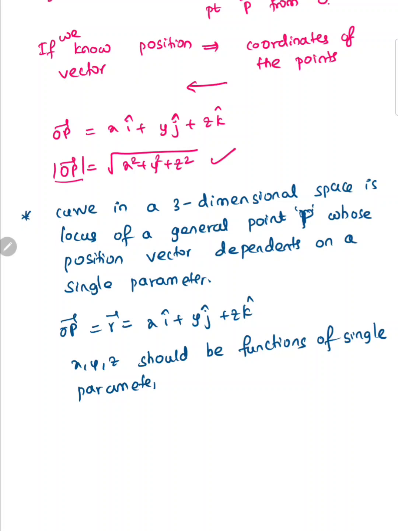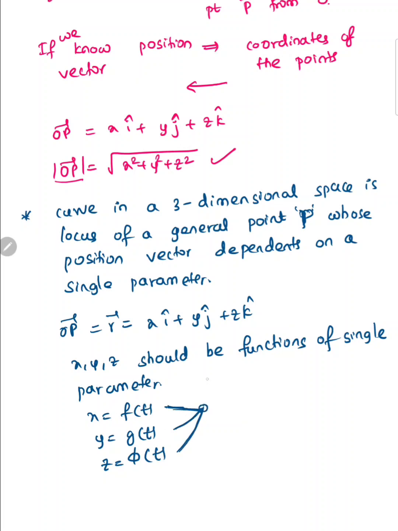That means x is a function of one variable t, y is also a function of the same variable t, and z is also a function of the same variable t. All of them are depending on a single parameter.